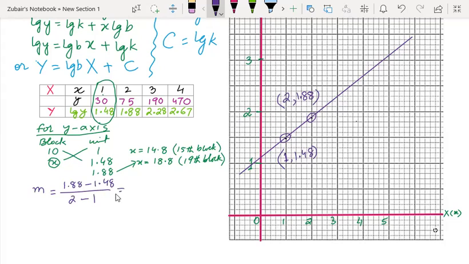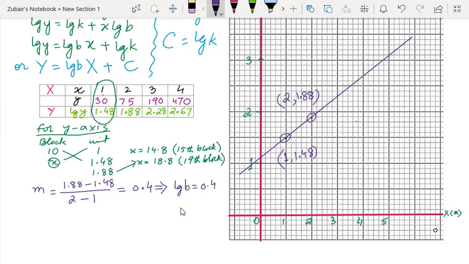So this is straight away 8 minus 8, 0, 8 minus 4, 4, so 0.4. What does it mean? From the equation, the gradient is LGB. So LGB is basically 0.4.